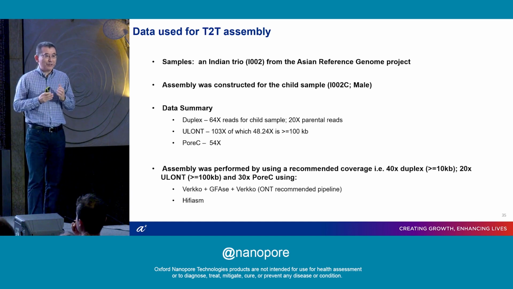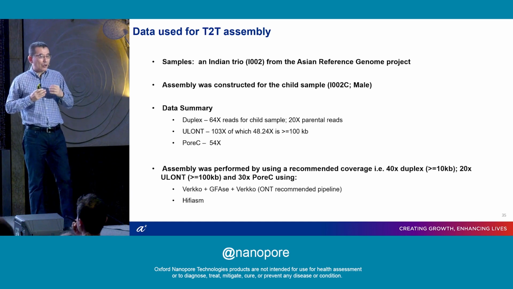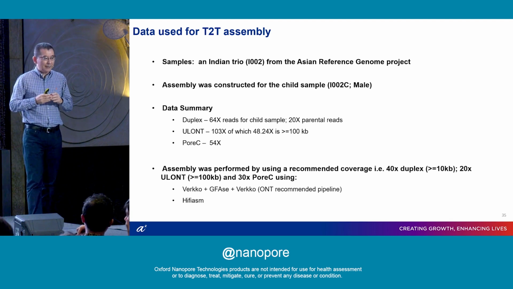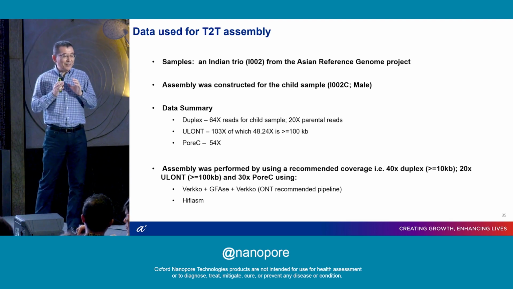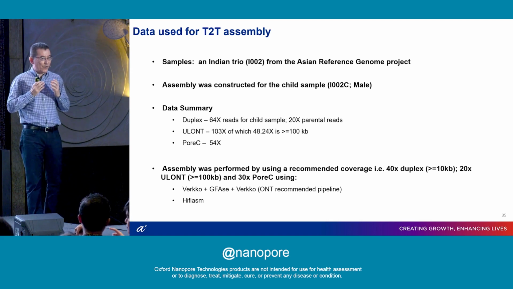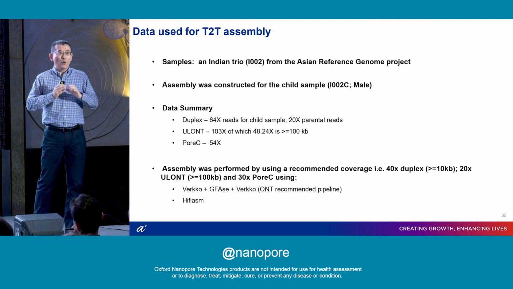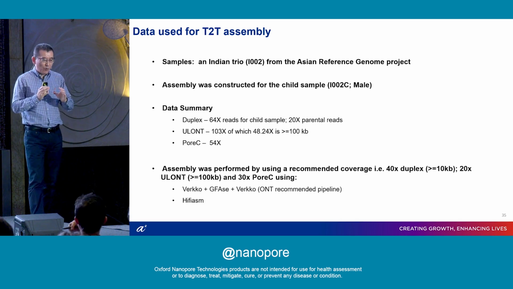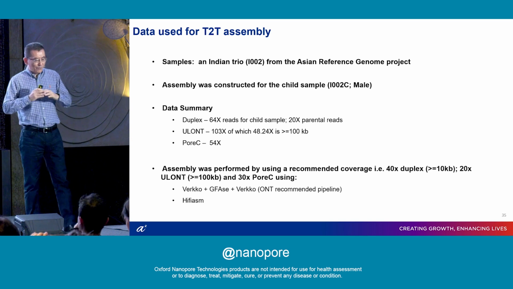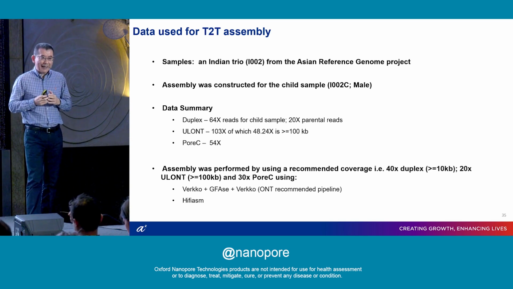We chose a sample from our Asian reference genome project, as a trio. We did assembly for the child. We used parental information for phasing, but the de novo assembly was truly only performed using child information.